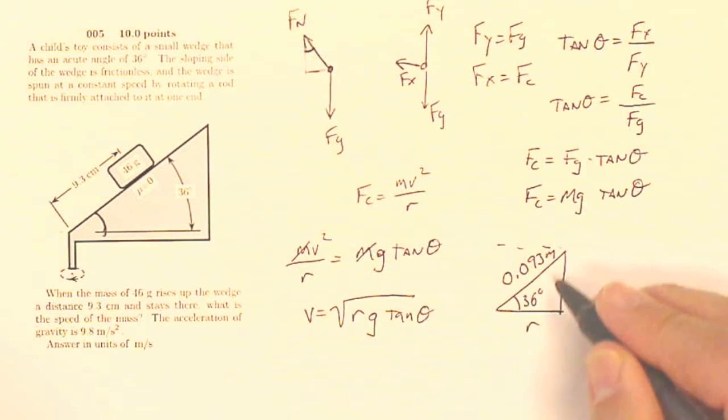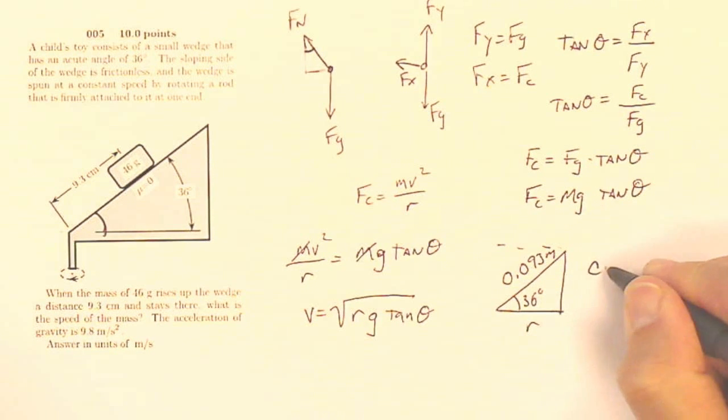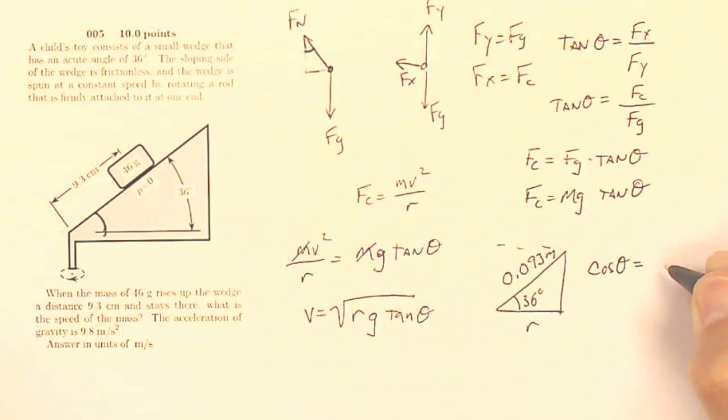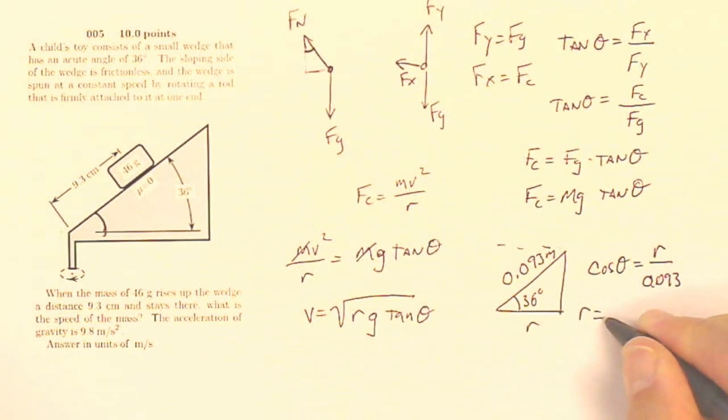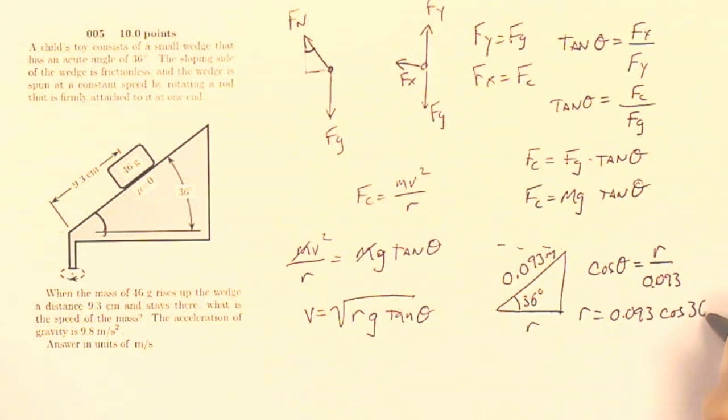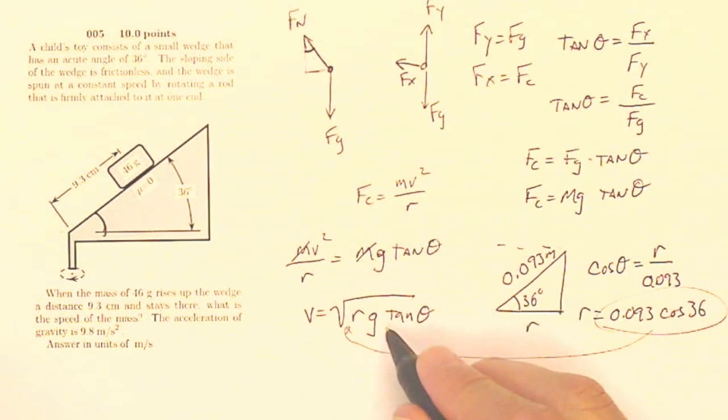Well, if this is my hypotenuse and this is my adjacent, I know that my cosine of theta equals r over 0.093, my adjacent over my hypotenuse. So if I multiply by 0.093, I get r equals 0.093 times the cosine of 36. So that's my radius. That number has to go in here, and you know g, and you know theta, so you get yourself a velocity.